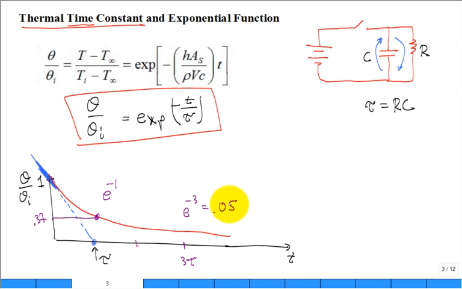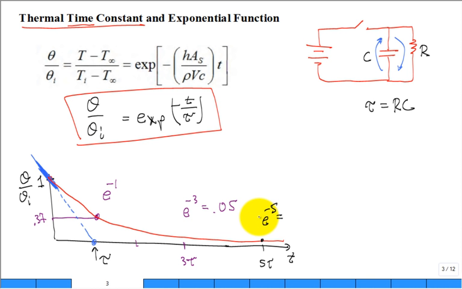And then you say, how long do I have to go before this exponential actually gets all the way to 0? Infinity. You're not going to be able to wait that long. How close is close enough to really call it close enough to 0? Less than 1%. If you go out 5 time constants, what is the value e to the minus 5?